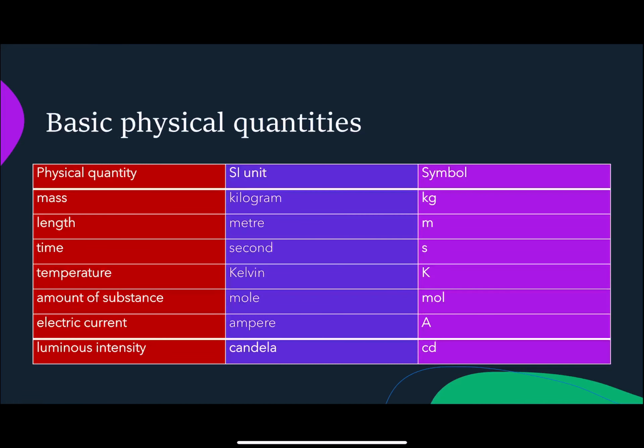The physical quantities which we're going to be more interested in are those just highlighted here. So the mass, kilograms, and the symbol is kg. This is very commonly used, of course, the length, and then the time, temperature, Kelvin, seconds. We count. The idea of this is we have a standard unit, which we call SI unit. We use it to express those physical quantities.